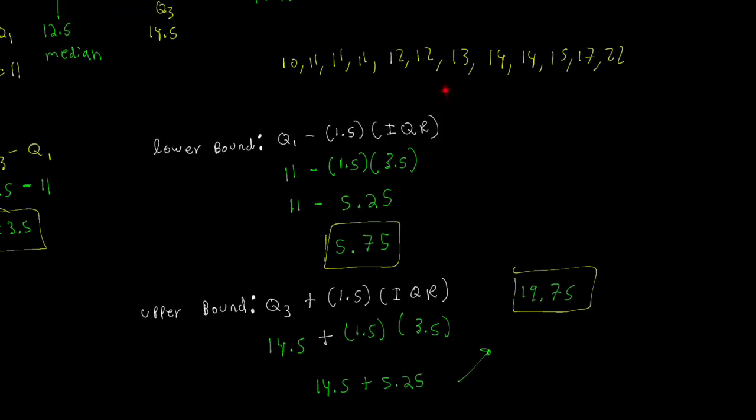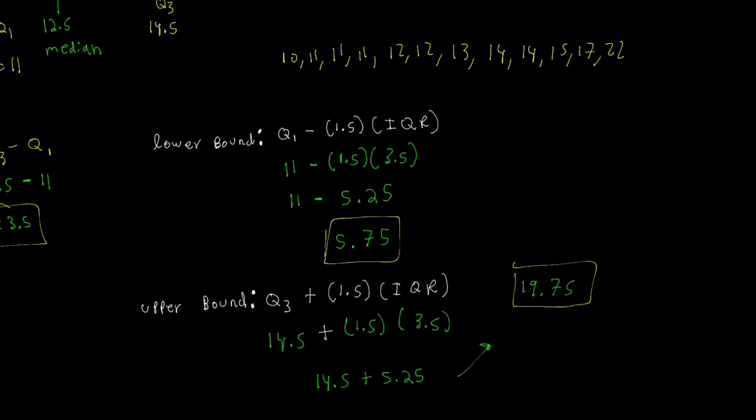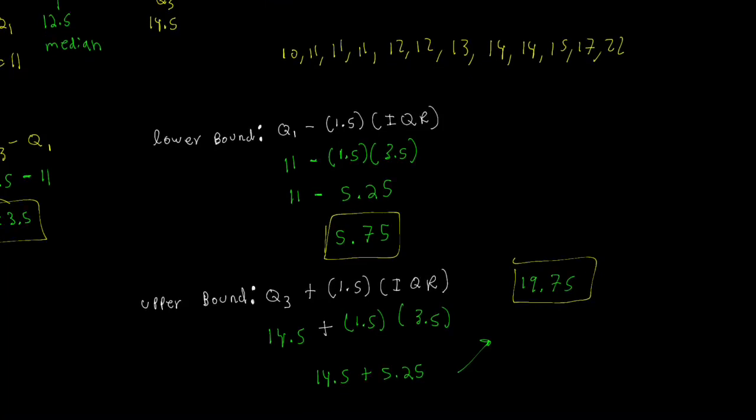I've rewritten the data set here. And now in order to spot any outliers, we're going to have to see if there are any numbers in our set that are lower than the lower bound. So let's scan through them. And we have to find numbers that are less than 5.75, and here we don't have any. So far we're good.